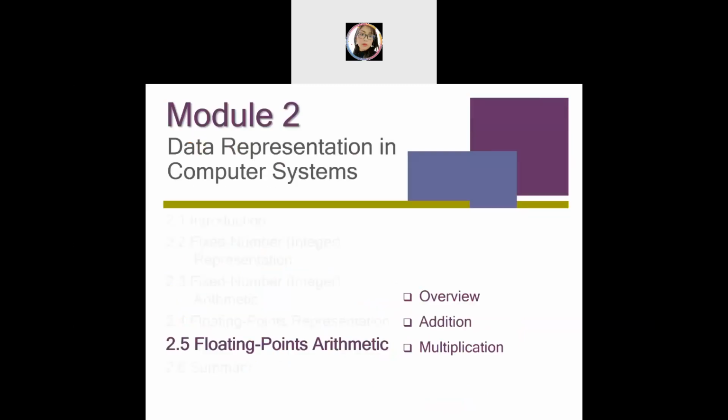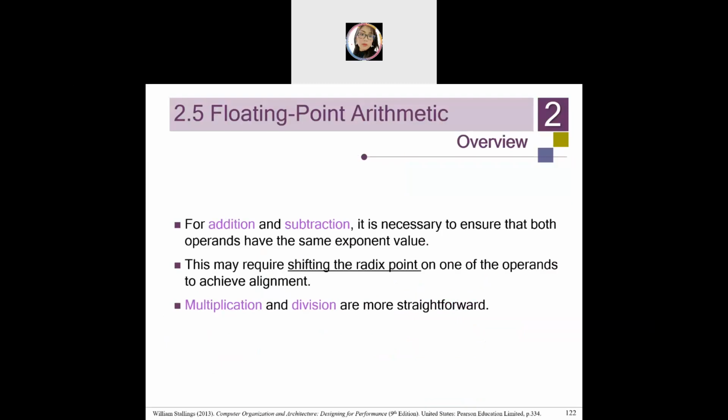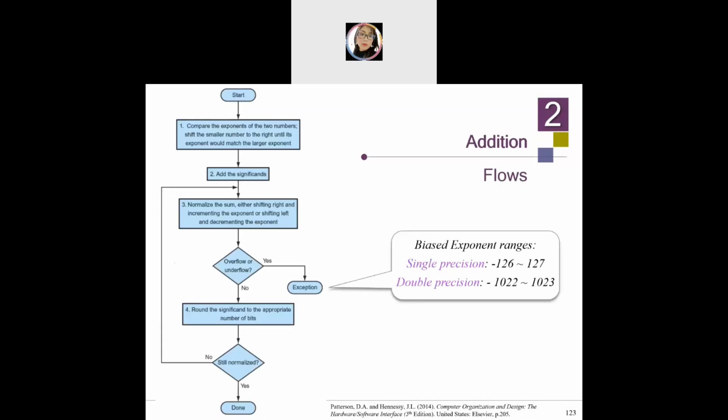Okay. Let me go a little bit je. Kita habiskan 2.5. Might be, I think it's not too long. We have plenty of time. Floating point arithmetic. We look into additions and multiplication. Okay, this one you can try to look into, and there is another flowchart for you.